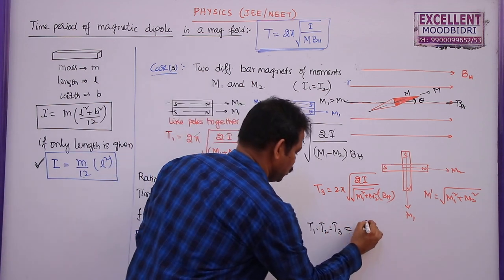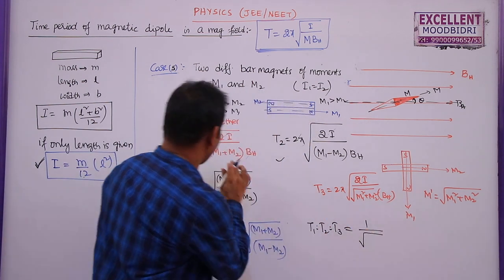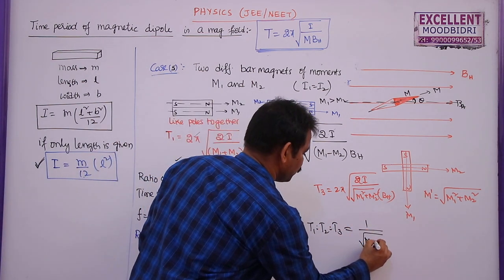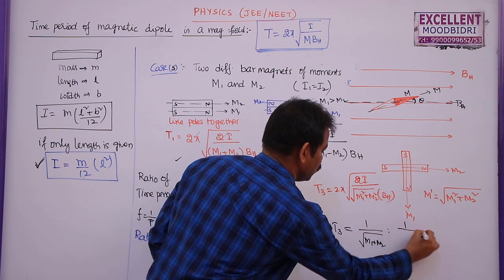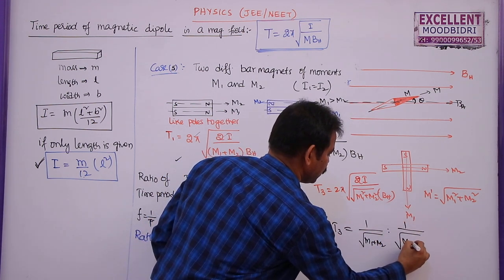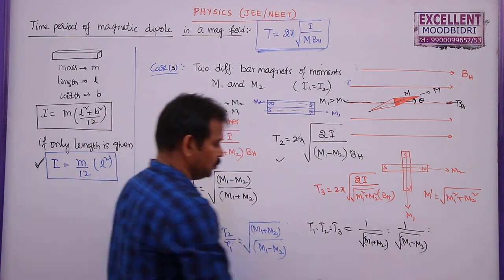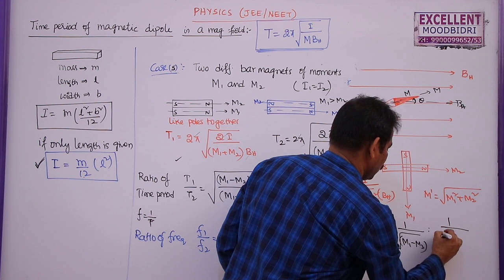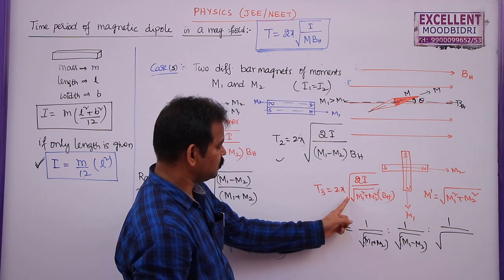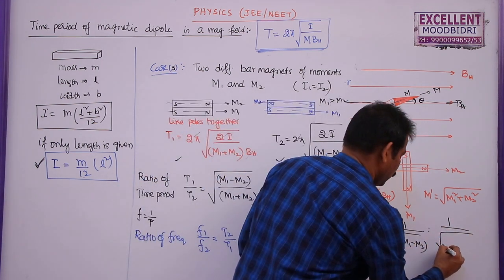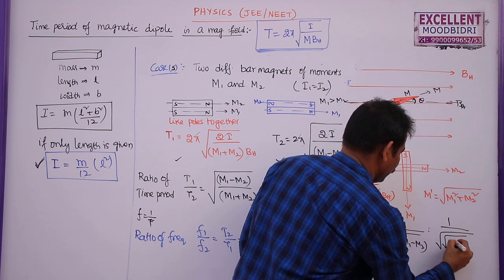So the ratio is 1 by root over M1 plus M2, is to 1 by root over M1 minus M2, is to the third one, 1 by root over, this already root over is there, here root over of M1 square plus M2 square.